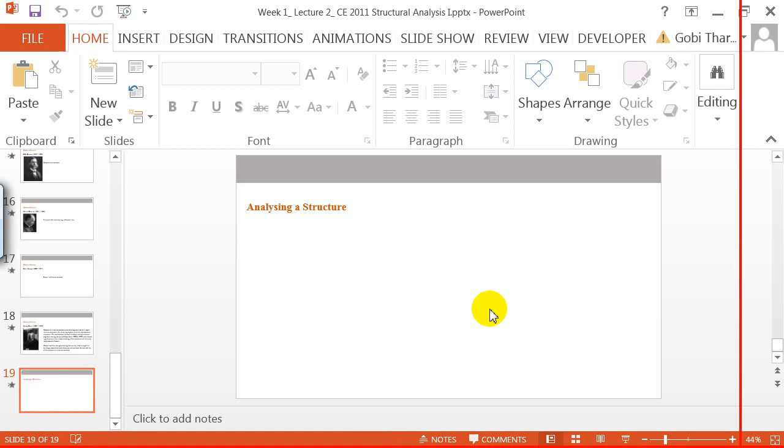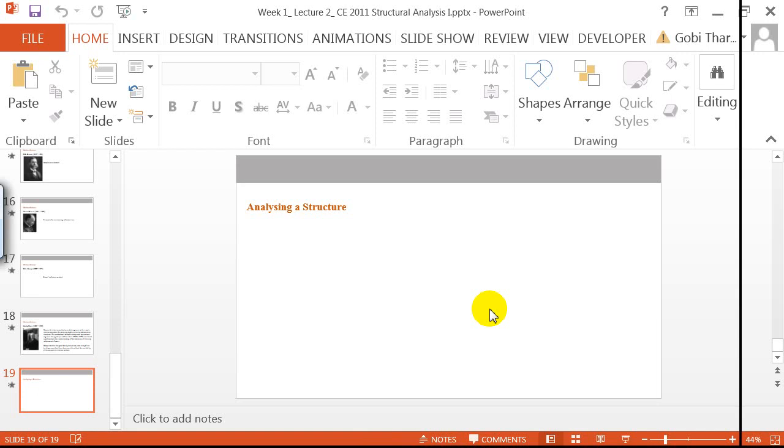Say for example, if you take this, there's a beam here, okay, that beam. You know what a beam is, right? The one that runs horizontally on top of the column, that is a beam. So at the end of this module, you should be able to analyze it.